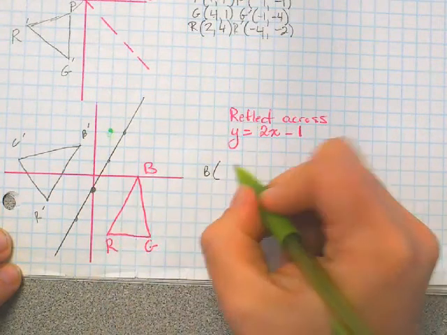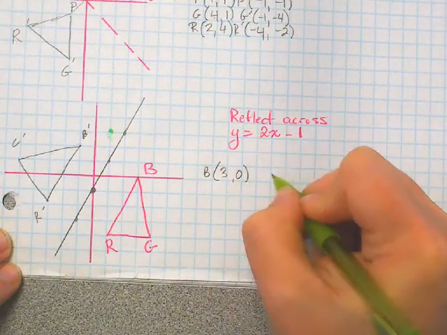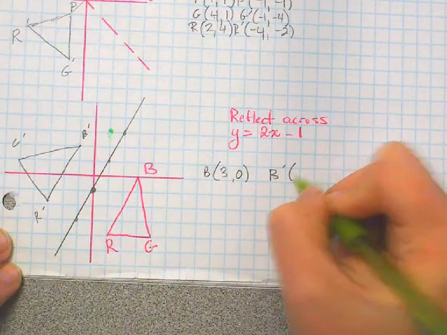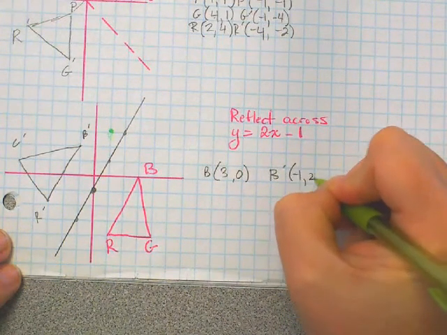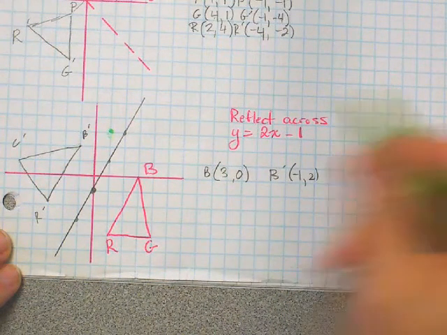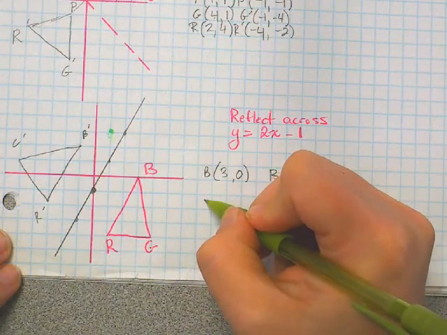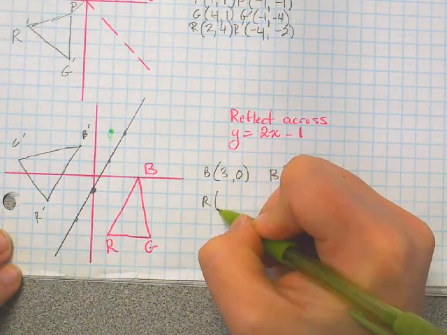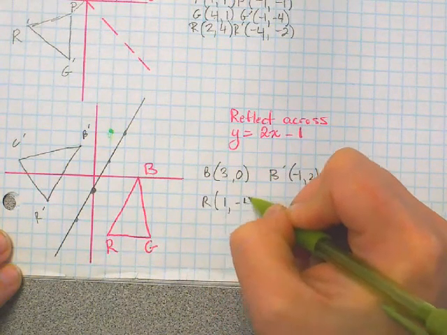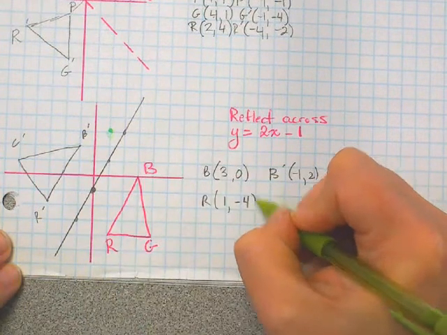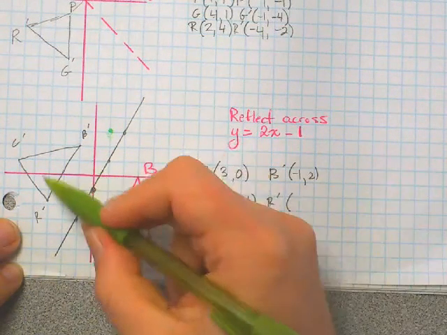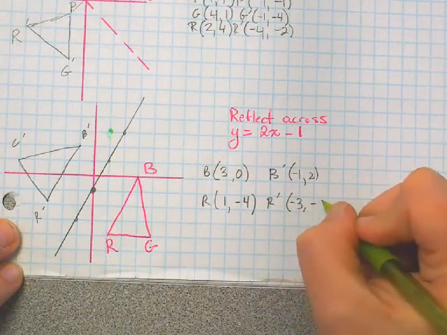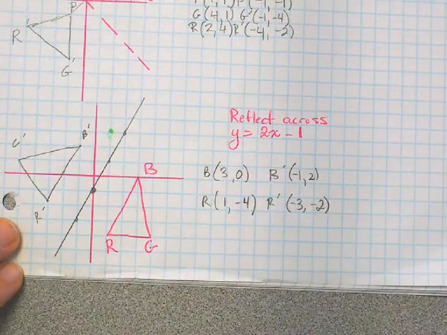B was 3, 0. B prime doesn't have a 3 or a 0 in it. It's negative 1, 2. That's weird. R was 1, negative 4, and R prime is negative 3, negative 2.